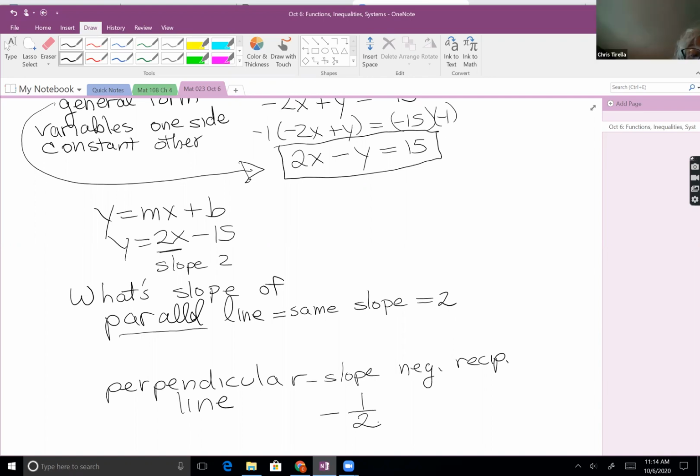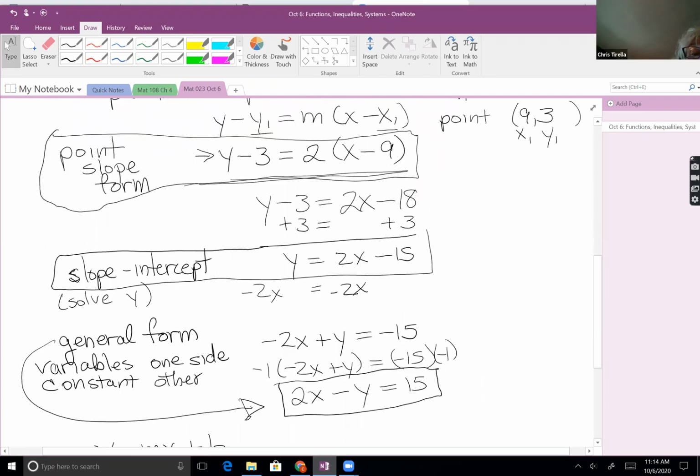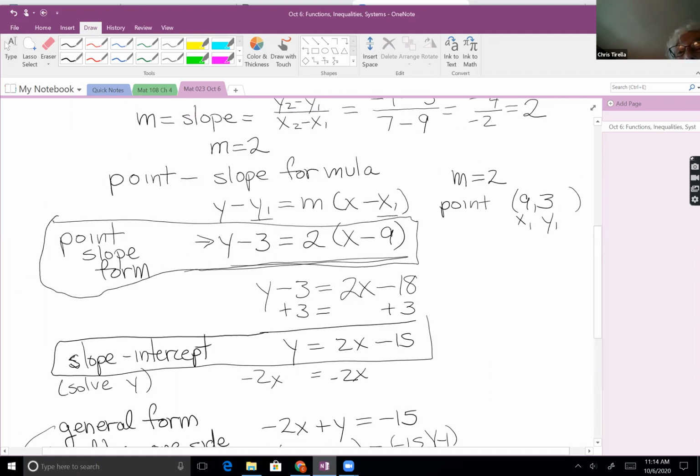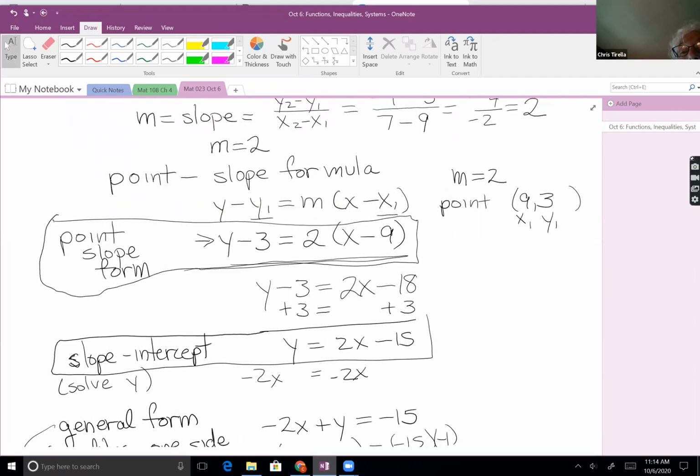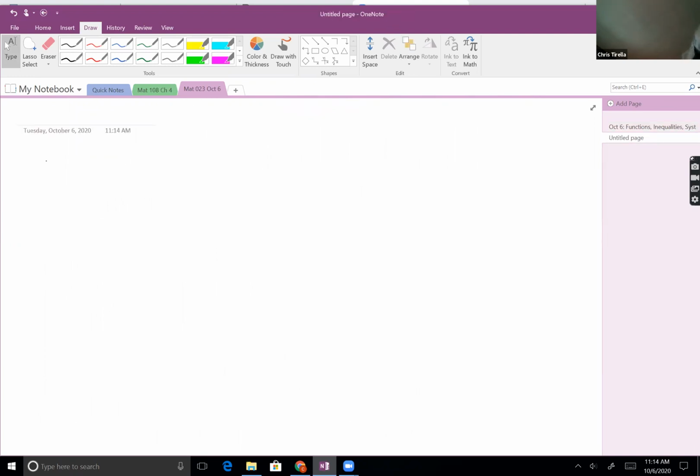From this, there are a couple of things that you sort of need to remember. Let's add another page. What you need to know is the slope formula. The slope is the difference in the y's over the difference in the x's.